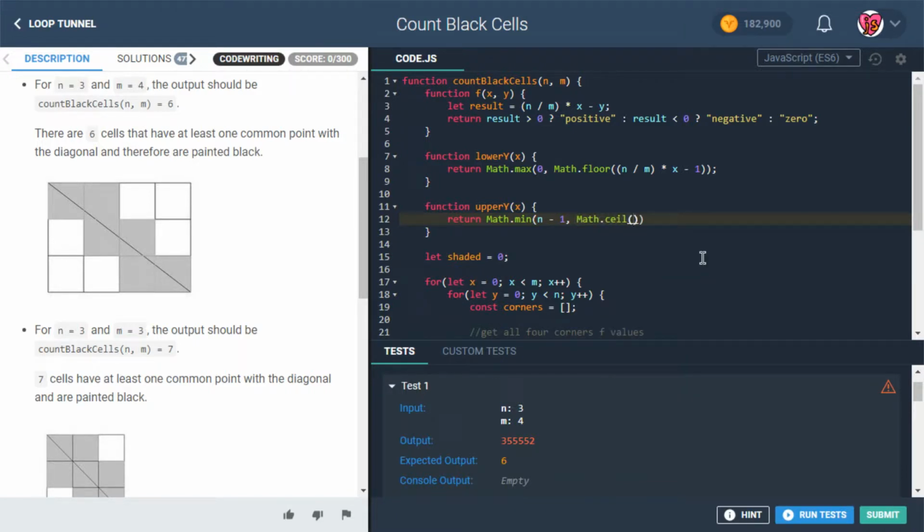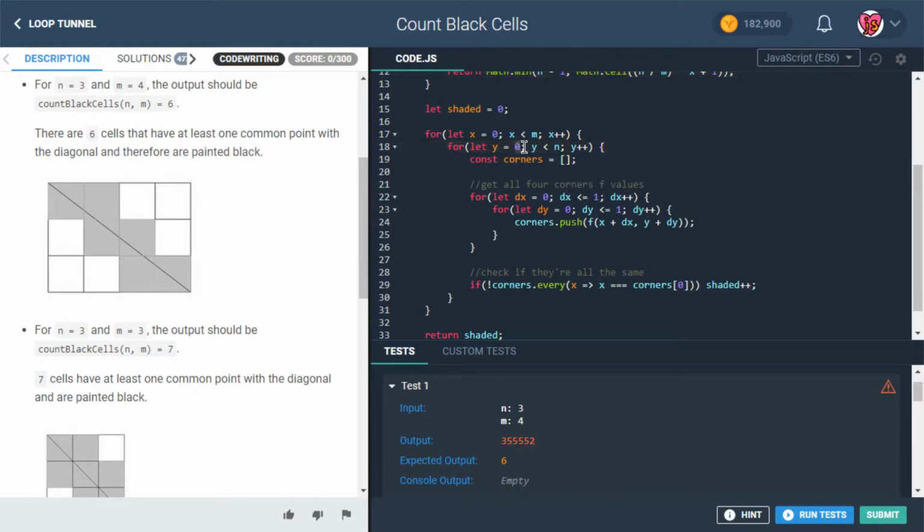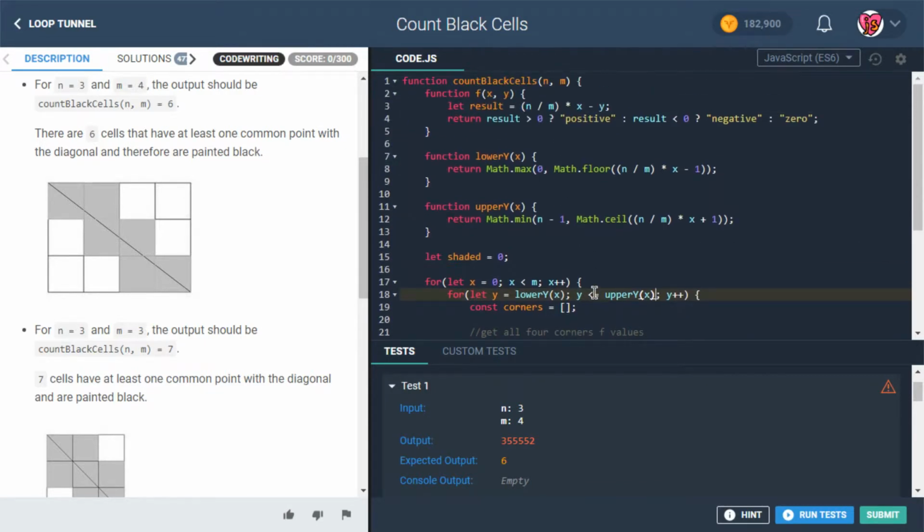Math.ceil in this case of n divided by m times x plus 1. Okay. I think that should maybe do it. So this is going to be lower y of x, and let's make it equal to upper y of x. And I'm making it equal to that because this already is not going to go as high as n, so I don't think we need to worry about that.